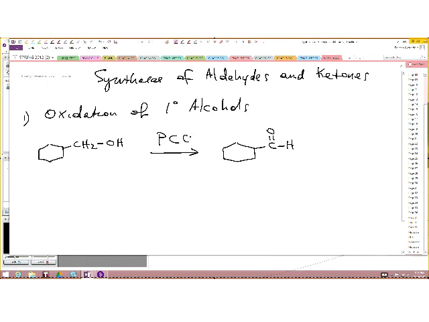Like I said, all of this will be reviewed. What other reagent can we use? Dess-Martin periodinane, but you don't have to write all that. You just say Dess-Martin, that is fine. These are the two reagents that we could use to make an aldehyde from a primary alcohol.